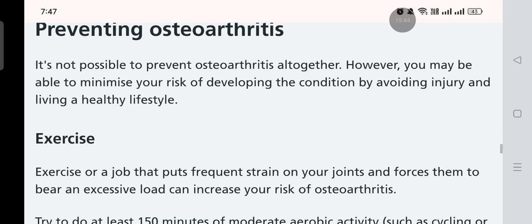Preventing osteoarthritis. It's not possible to prevent osteoarthritis altogether.